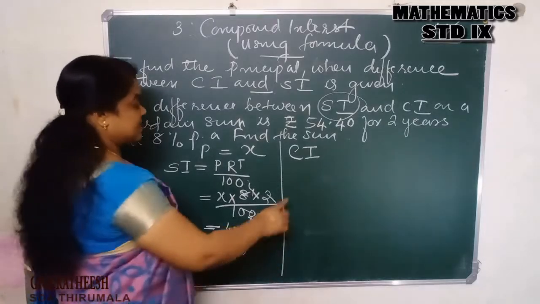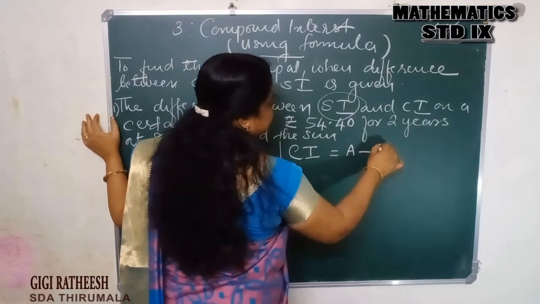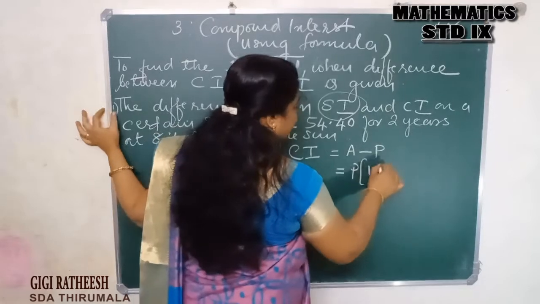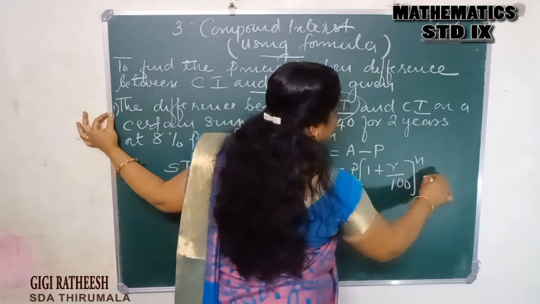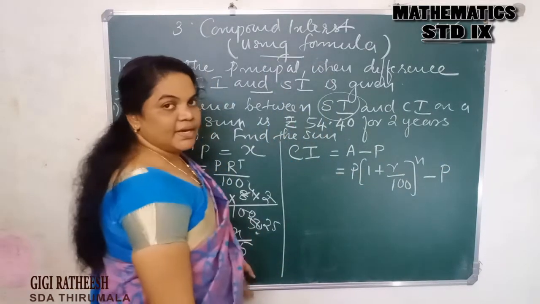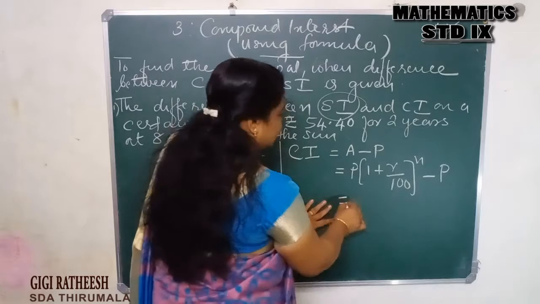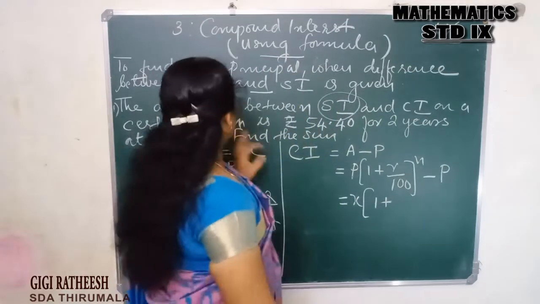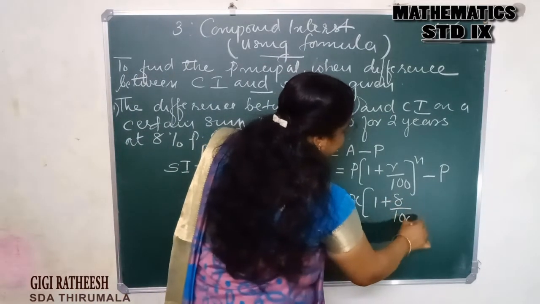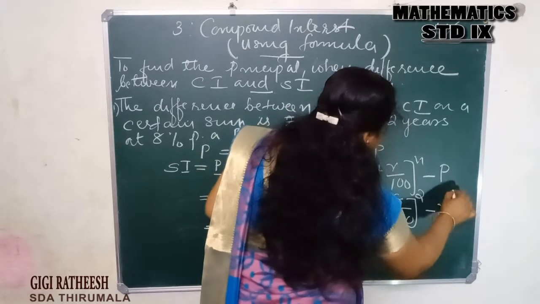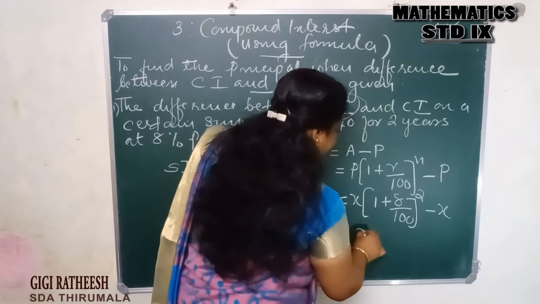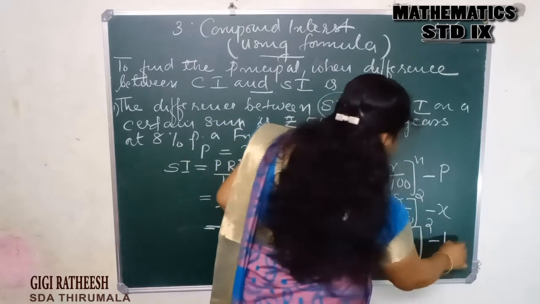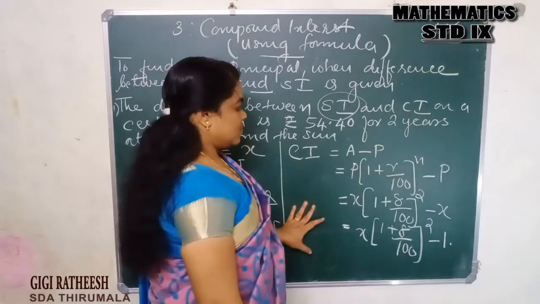The formula is CI is equal to A minus P, and A is equal to P into 1 plus R by 100 the whole raised to N. So CI is P into 1 plus R by 100 the whole raised to N, minus P. Here P is X and R is 8, so CI is X into 1 plus 8 by 100 the whole raised to 2, minus X. Taking X outside, it is X into 1 plus 8 by 100 the whole square minus 1.